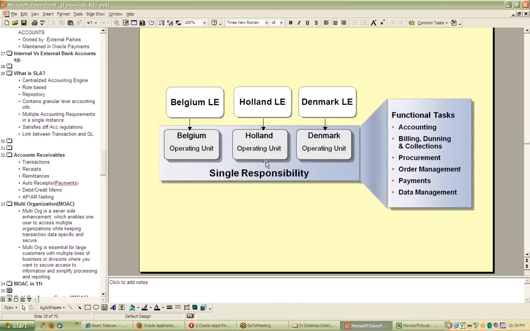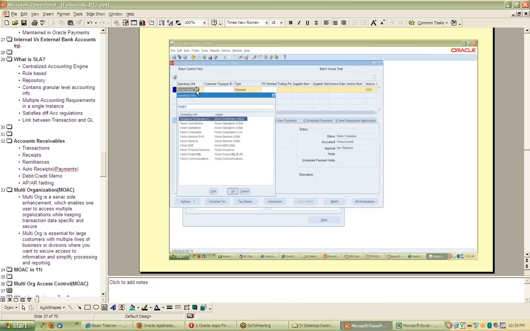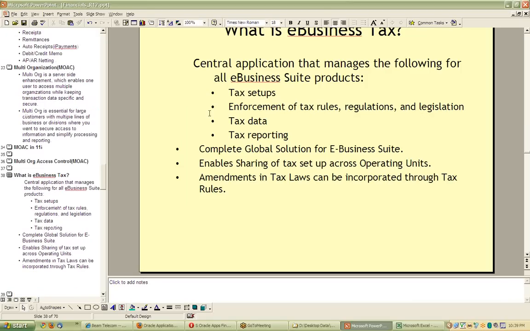Are you able to see this? In the drop-down, the first field is the operating unit field. So you can select which operating unit he wants and keep entering invoices on the invoice page rather than logging out and logging in. This is called multi-org access control, access to multiple operating units.